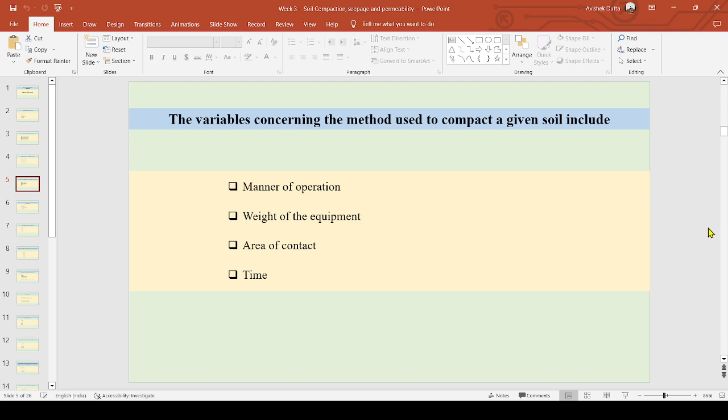I repeat the question. The variables concerning the method used to compact a given soil include manner of operation, weight of the equipment, area of contact, time. Next question.